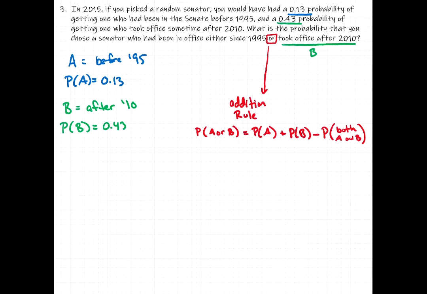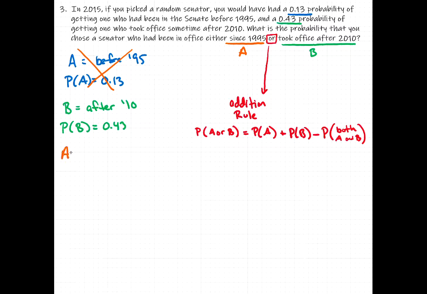So find the probability that you chose a senator who had been in office since 1995. Well, here we have before 1995, so let's get rid of that because that's not what we need here. We need since 1995. Even though that 0.13 was given in the problem, we're not going to be plugging 0.13 into the equation because that's not one of the two events.